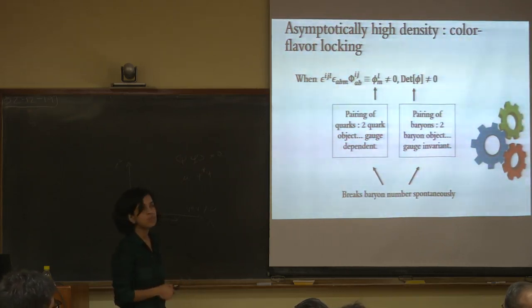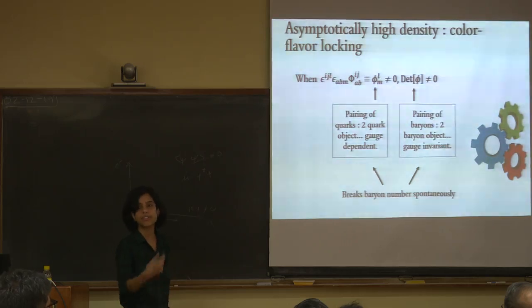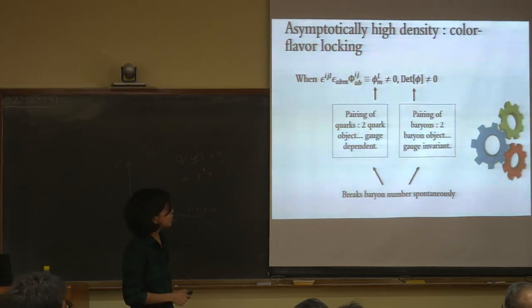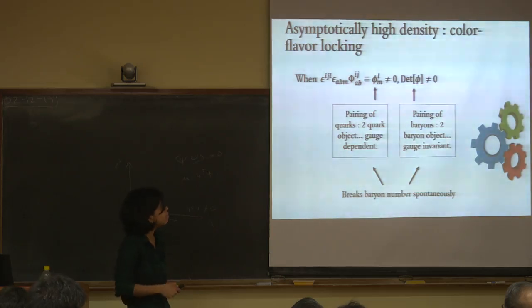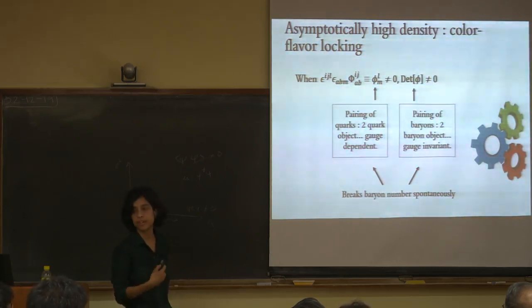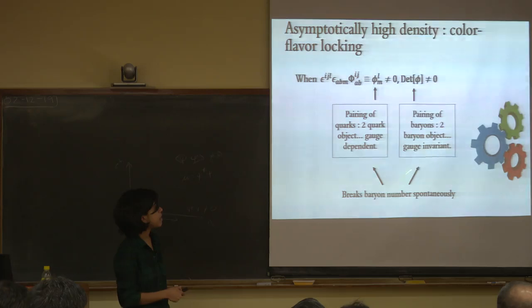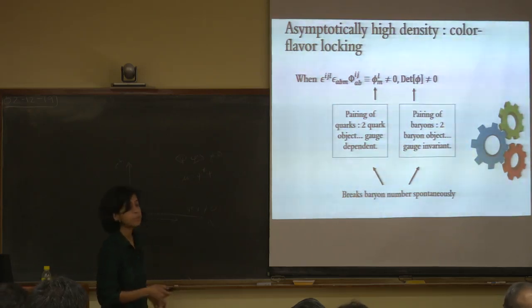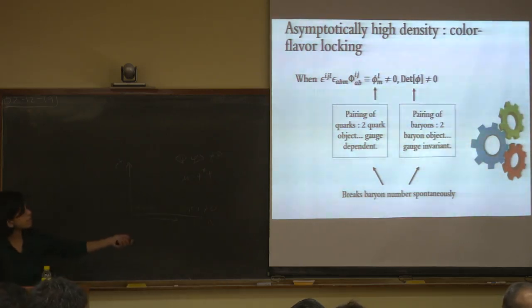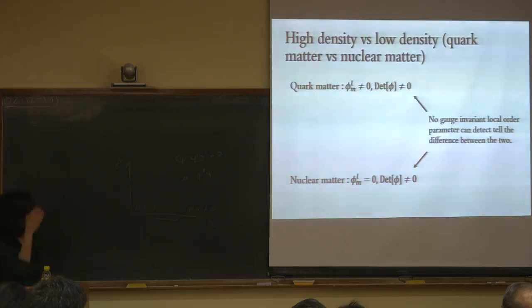When you have pairing of two quarks, it immediately translates into pairing of two baryons. So this phi operator is gauge dependent, so it may not make sense to talk about this operator breaking global symmetries spontaneously, but the determinant of phi is again gauge invariant, and that breaks baryon number spontaneously. So that happens in the quark matter phase.